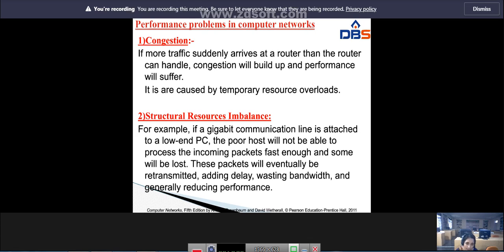These packets will eventually be retransmitted, adding delay, wasting bandwidth, and generally reducing performance. This is called structural resource imbalance.